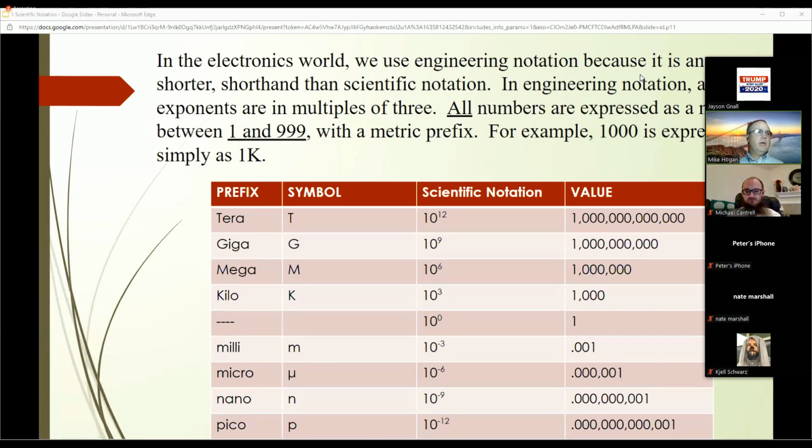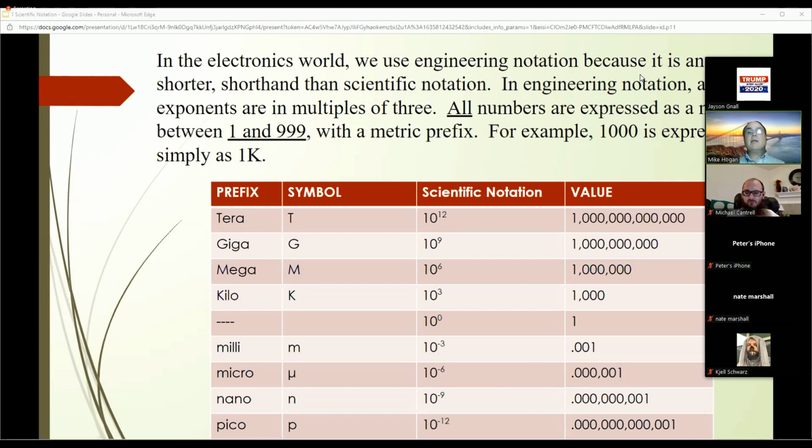So it would be 0.00047. If we move the decimal place 4 places, that would give us 4.7 times 10 to the negative 4th, right? To the negative 4.